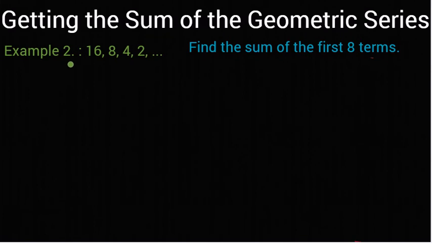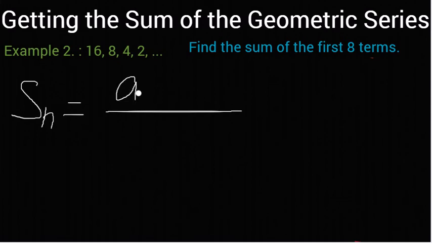Now let's get into another example. Let's have the second example, using the same formula. Let's recall the formula for the sum of a geometric series, which is Sn equals the first term times 1 minus r raised to the n, over 1 minus r.